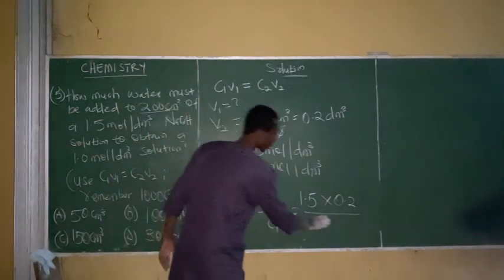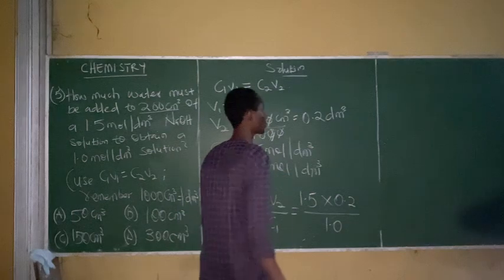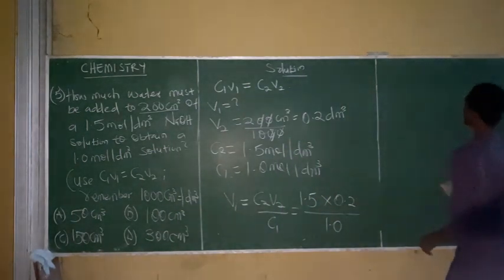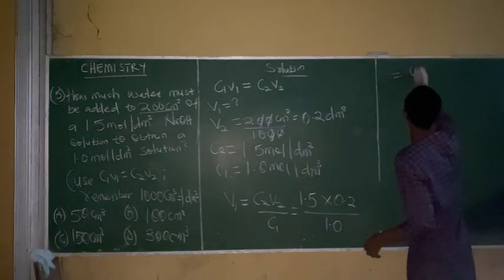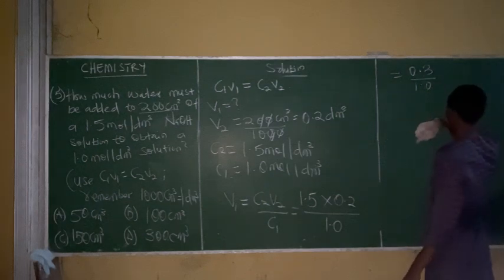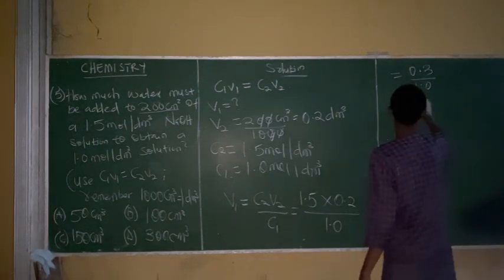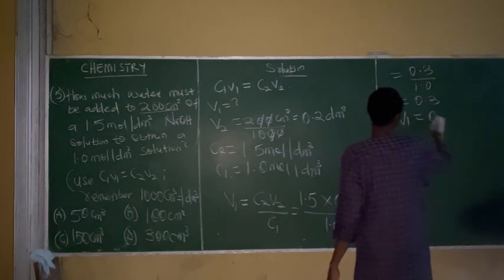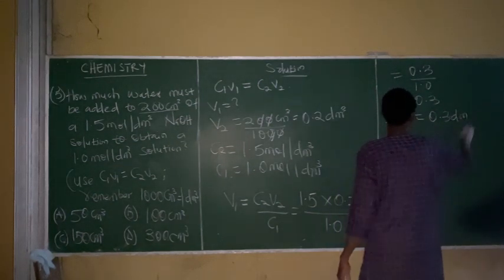C1 is 1.0. Now, 1.5 times 0.2 will give us 0.3 divided by 1.0, which will give us 0.3. Therefore, V1 is equal to 0.3 dm cube.